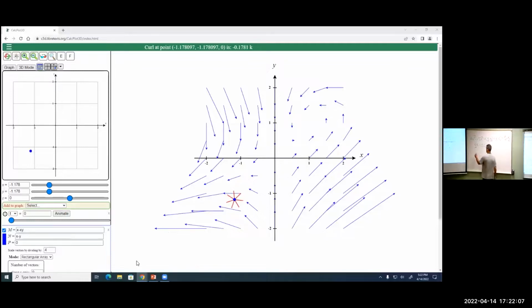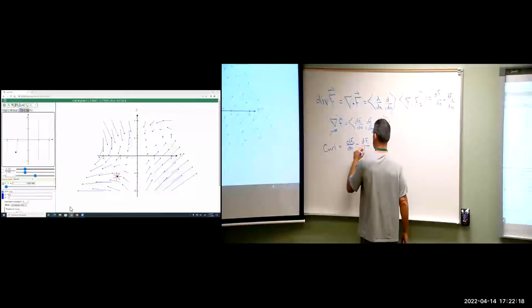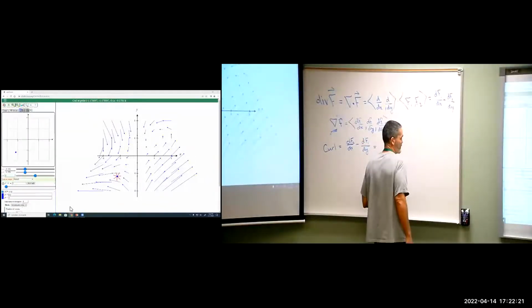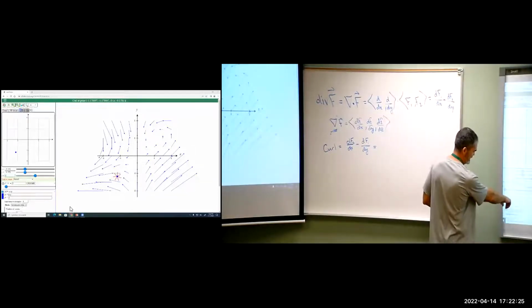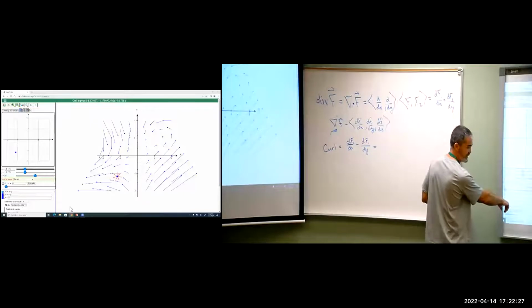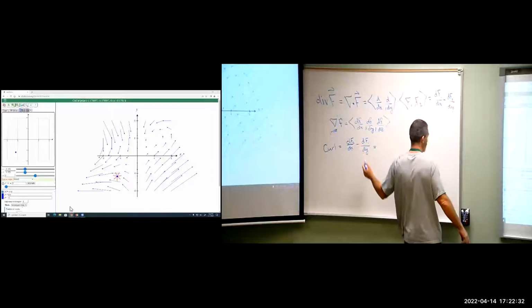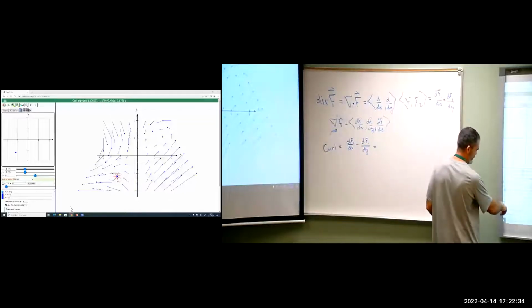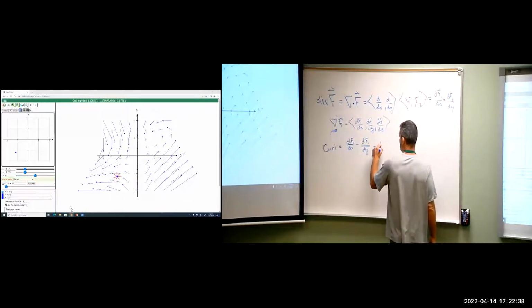So our curl, again, we're just doing 2D right now, is df2/dx minus df1/dy, which for our vector field, if you can't see it, is M and N. M is f1, N is f2. So df2/dx: I'm taking the derivative of N with respect to x, which would just be 1.